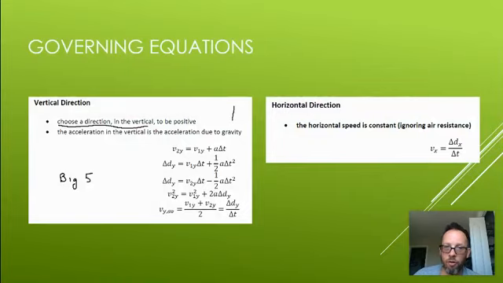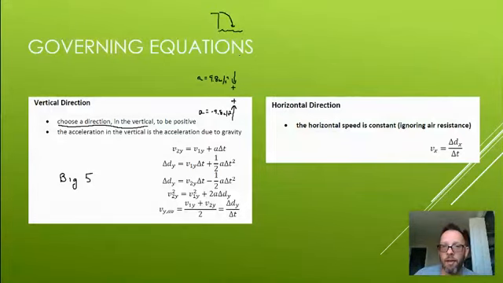If I choose up to be positive, then my acceleration is negative 9.8 meters per second squared. But if I choose down to be positive, then my acceleration would be positive 9.8 meters per second squared. Along the same lines, consider some object being thrown off a cliff down into water.